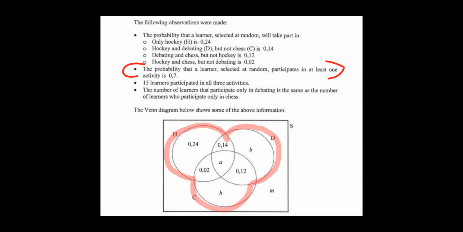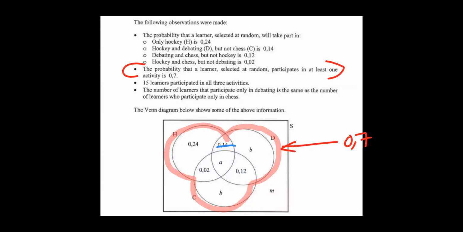Now the probability of the people participating is 0.7. Which then means if you want to work out B, you can minus all these other people from the 0.7, including A's value, which is 0.1. You'll be left with the 2 B's. So that's why when you minus all of those things, you then have to divide it by 2.